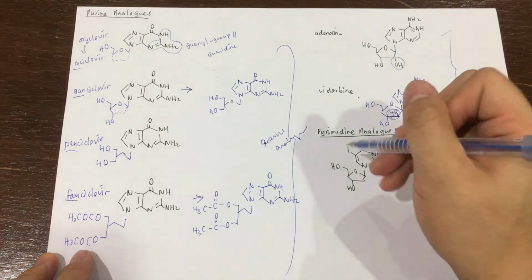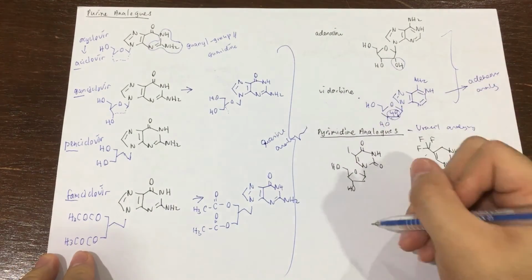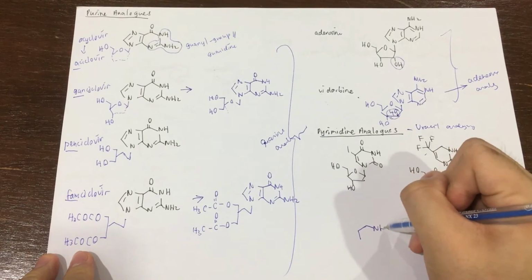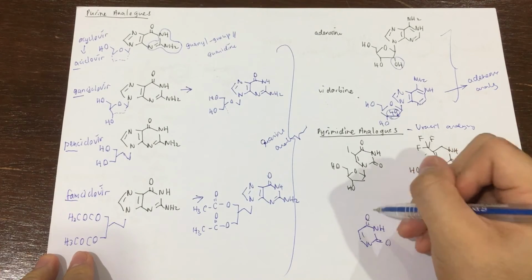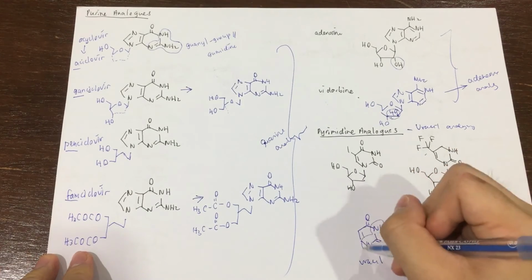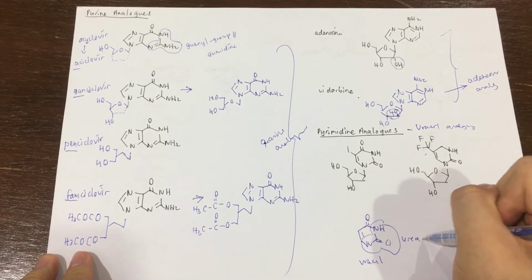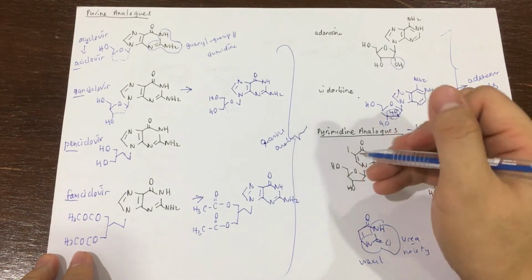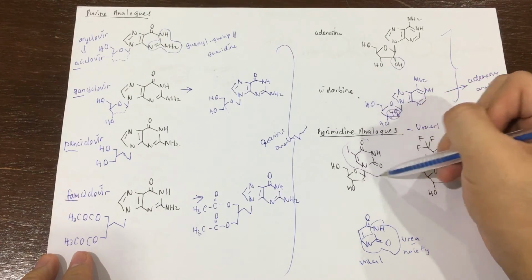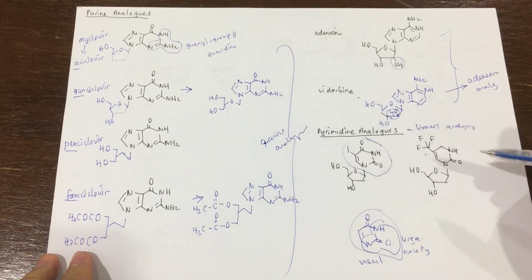So this is the uracil, right? Let's draw a uracil nucleus again. This is uracil because this is a urea moiety. Okay, now what's the difference of this group and this whole compound?